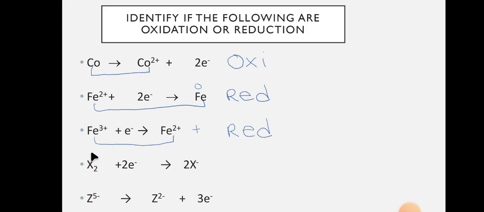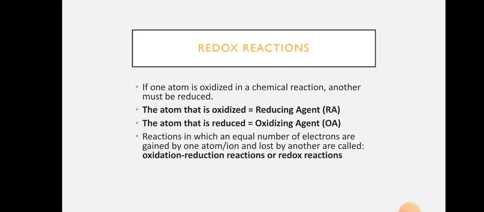Coming down here, X2 has a neutral charge of 0, and over here, it's negative. So it's going from 0 to a negative. You are gaining again, so that is reduction. And then this last one, Z negative 5 to Z negative 2. To become less negative, you had to lose negatives. So that would be oxidation, because oxidation involves loss of electrons.